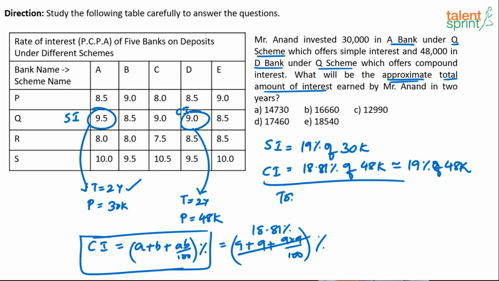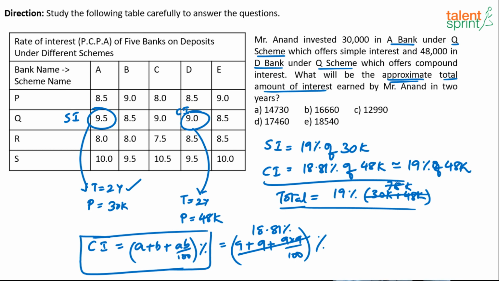So now the total is going to be what? 19% of 30,000 plus 19% of 48,000. So if I take 19% common, what do we get? 30,000 plus 48,000. So basically you need 19% of 78,000. Now do that calculation, 19% of 78,000. See, 10% of 78,000 is 7,800. 20% will be 15,600.